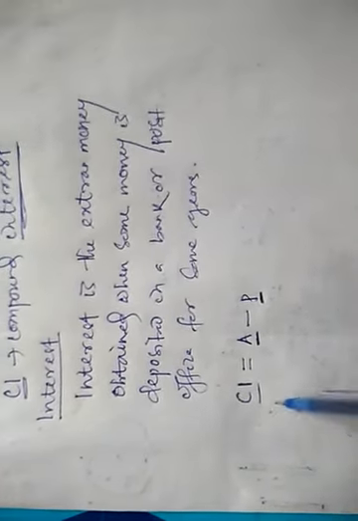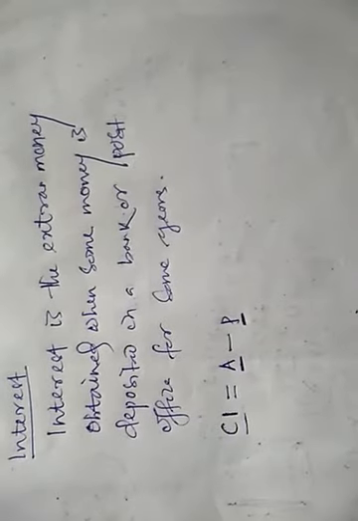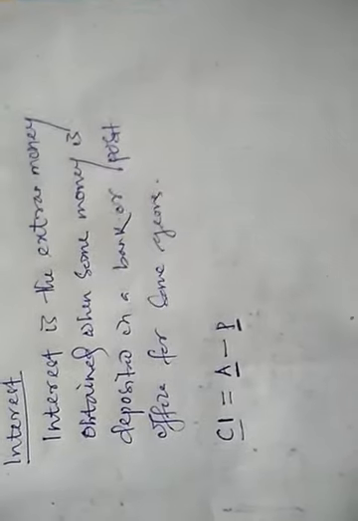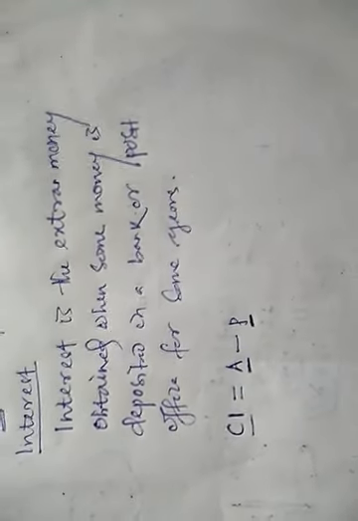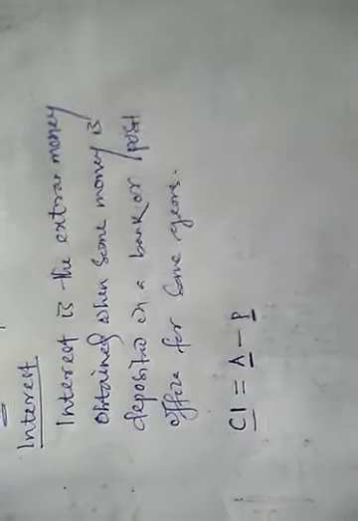I just repeat it. When you invest or keep some amount in a bank for some years, at the end of the years proposed, you will get some amount which is larger than the money you kept in the bank.